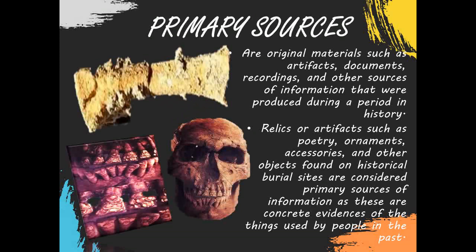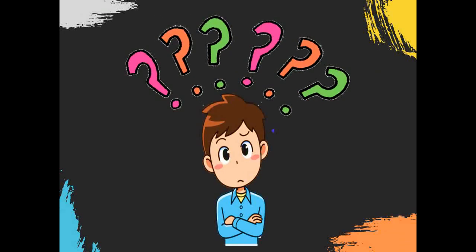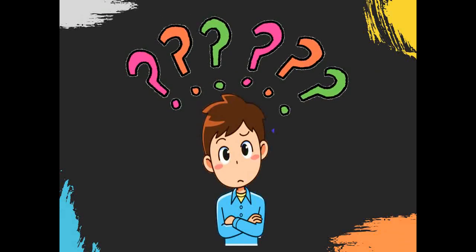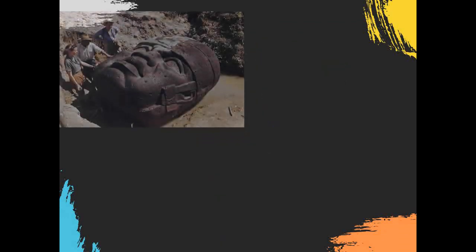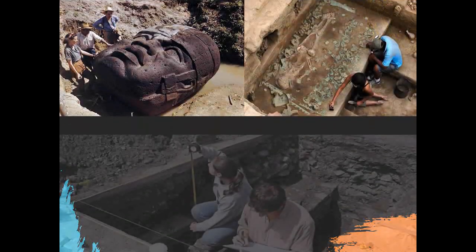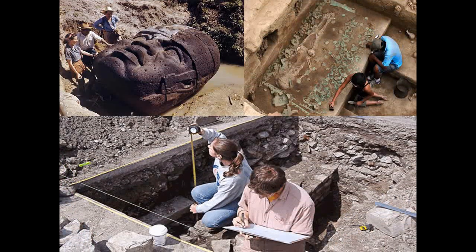These are the original materials such as artifacts or relics, documents, recordings, accessories, ornaments that were produced and used during a period in history. The question is, how can we acquire information from these materials? They were discovered by the archaeologists who study human activity.